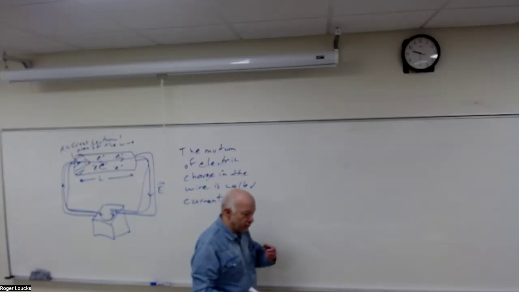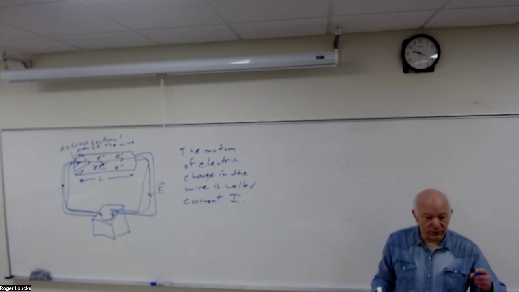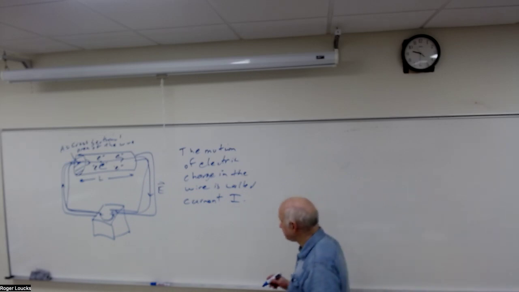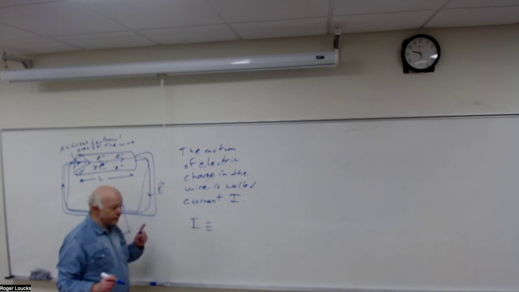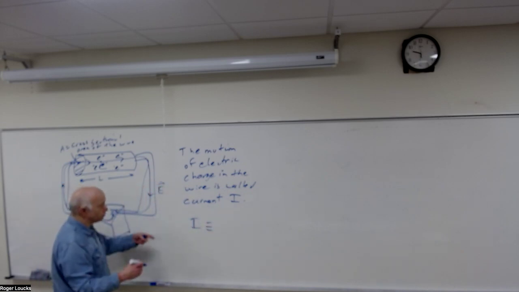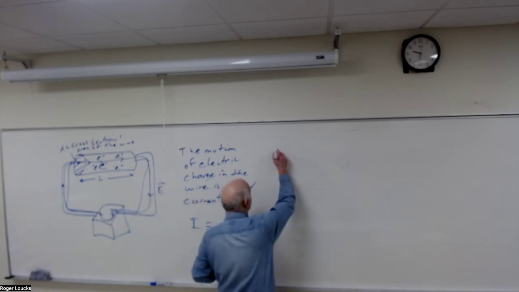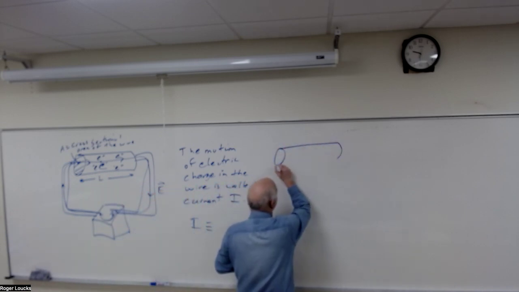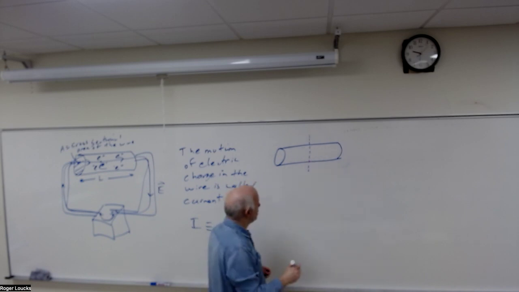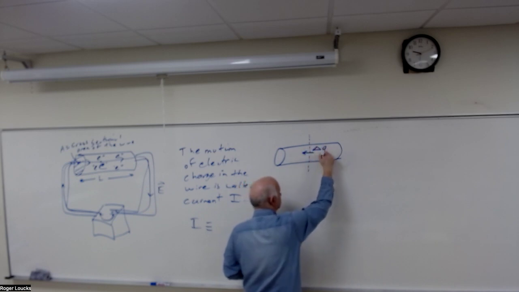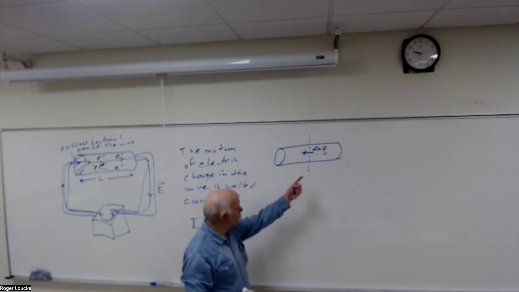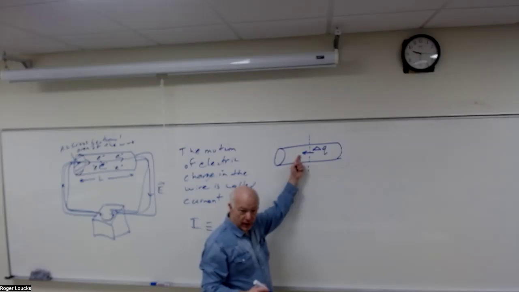We always use I for current. And this is how we're going to define current. Current is going to be, by definition, the following. I'll draw the little wire over here. Here's like a little line like this. There's going to be a certain amount of charge that goes this way. So this is my charge. I'll call that delta Q. That's how much charge moves past this little line.